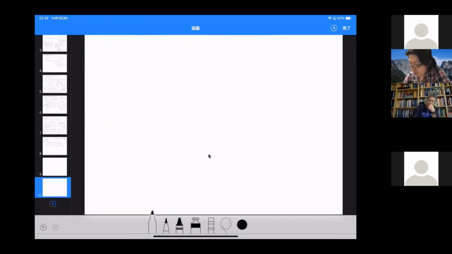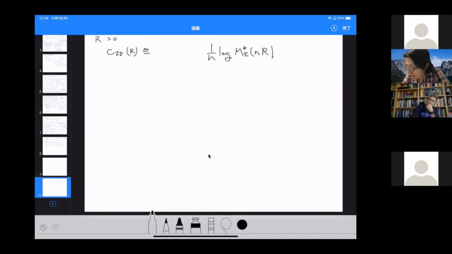And in the asymptotic regime, we can define the identification capacity as follows. So for given rate R, we consider the logarithm of this optimal message length for given NR.